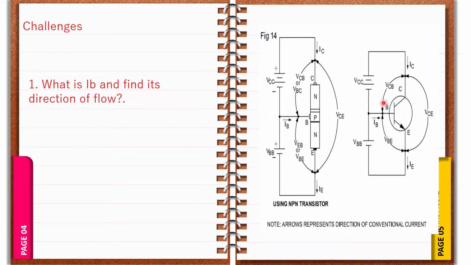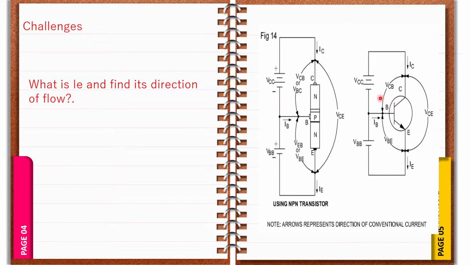In the circuit you can see that the IB base current is coming from the VBB plus terminal and entering into the base region. So IB means base current. This is clear.